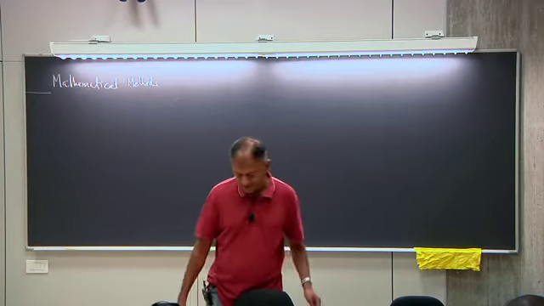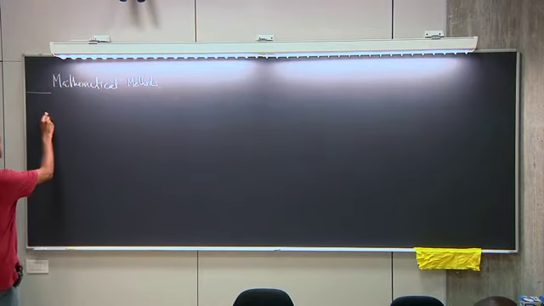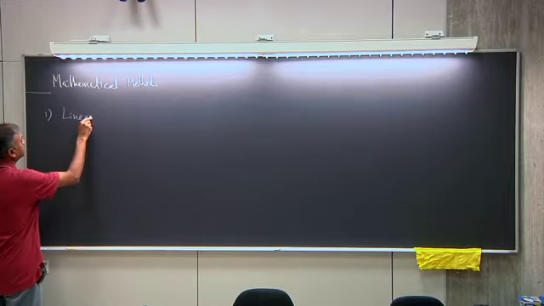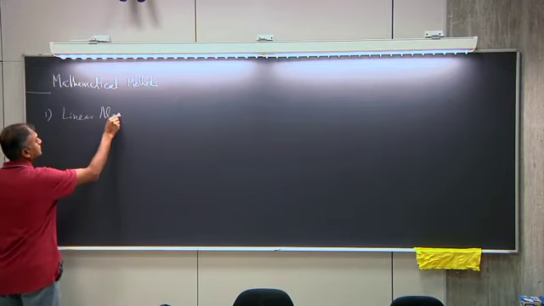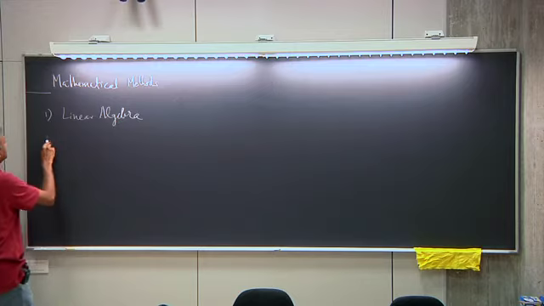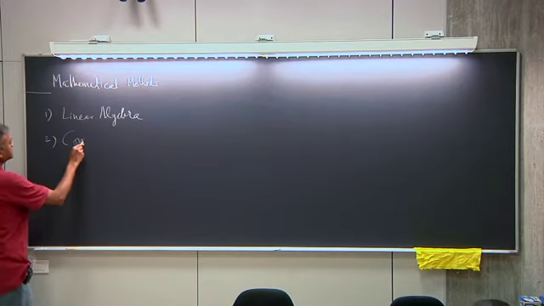Fine. So there are basically 4 topics I'll be covering, right? The first one is linear algebra. Okay, that's the first chapter. I think it will probably take about 7-8 lectures, maybe. The next one will be complex analysis.